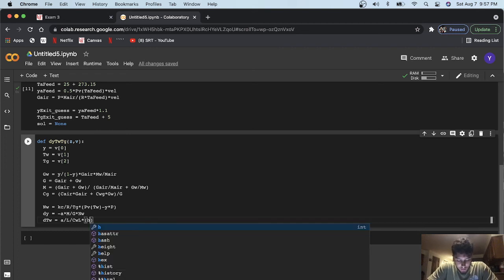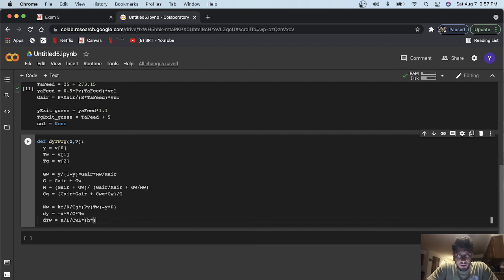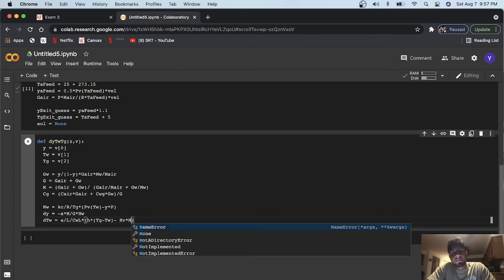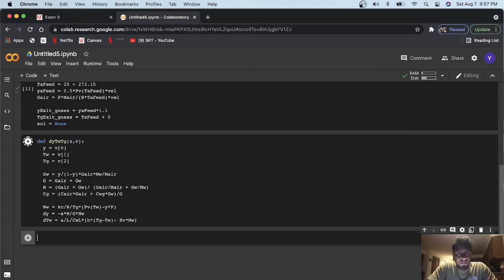The heat transfer coefficient multiplied by the temperature of the gas minus the temperature of the water. And then I'm going to move this over here, subtract it by the heat of vaporization multiplied by its molar mass of water. So that looks great.